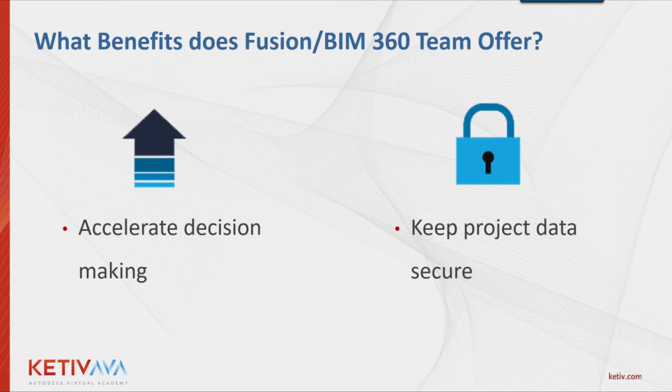So, some more benefits. Fusion Team and BIM 360 Team's real-time collaboration engine allows team members to easily share files and provide or solicit feedback with comment and markup tools. Users can even pinpoint a specific view to reference their comment or markup.